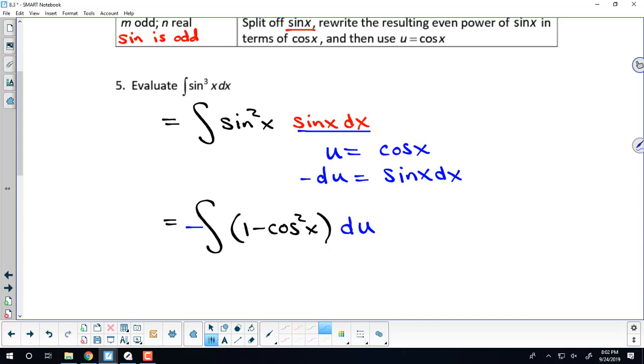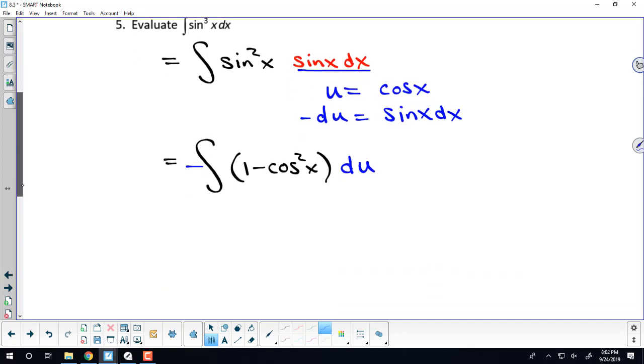Okay. So then since cosine is u, we have cosine squared is u squared. So minus integral 1 minus u squared du.